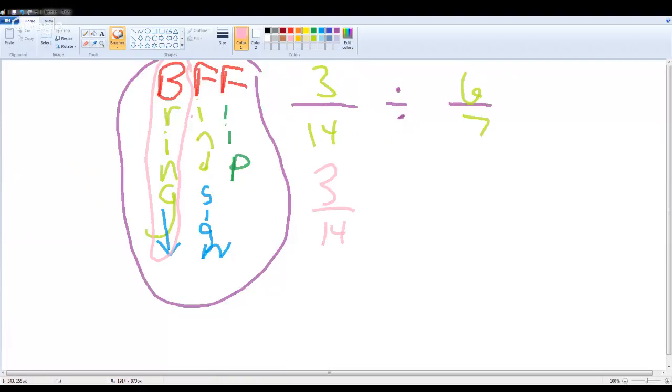Find the other sign. That means find the other sign means basically the opposite of division is multiplication. So find the other sign.